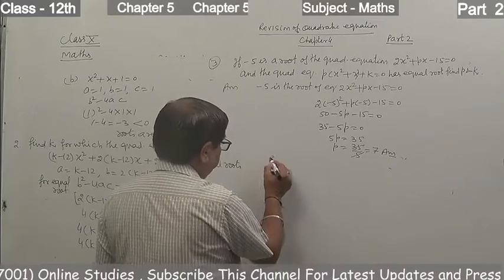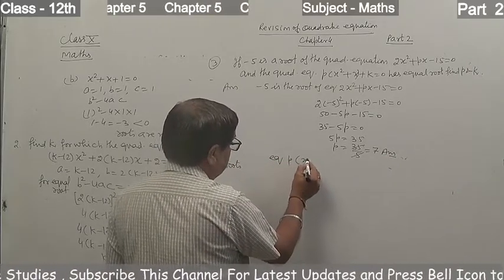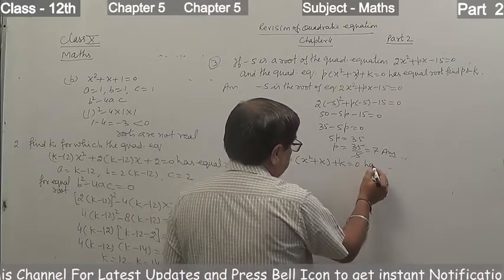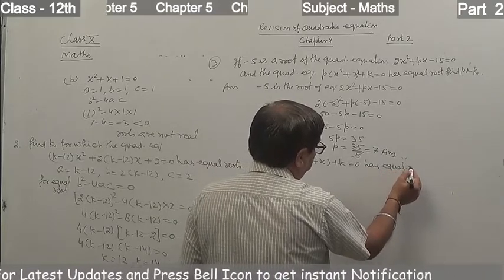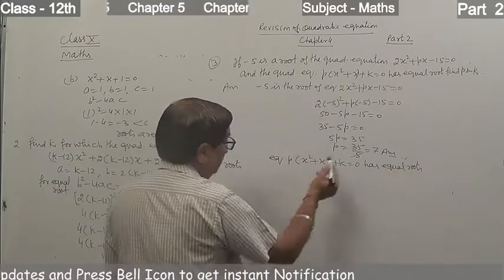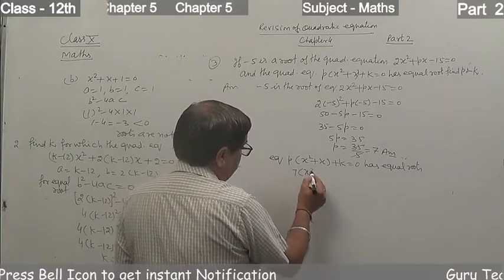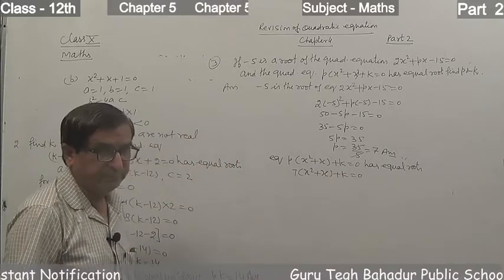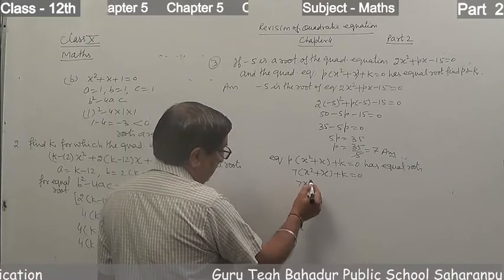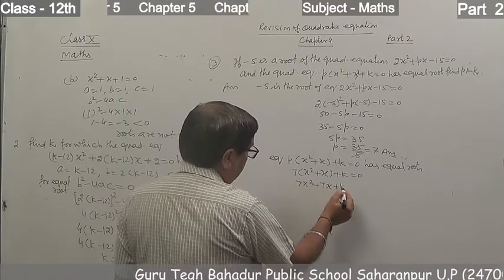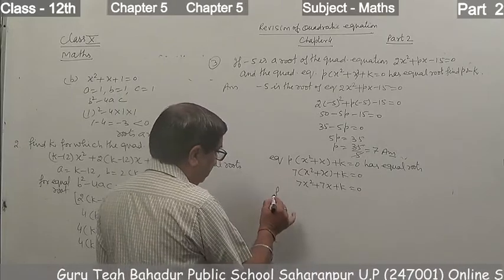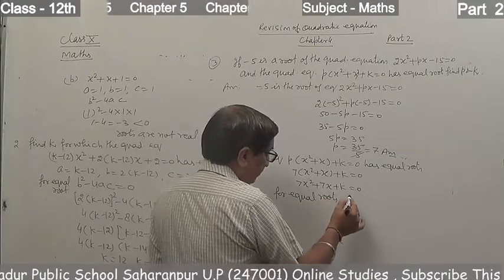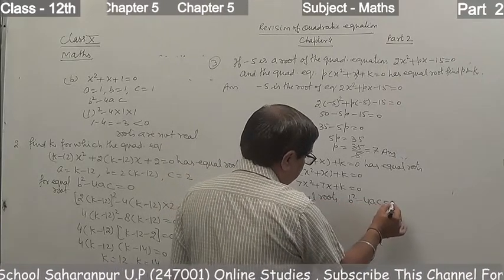Now the equation p x square plus x plus k is equal to 0 has equal roots. Value of p is 7. So 7 x square plus x plus k is equal to 0. For equal roots, b square minus 4ac is equal to 0.